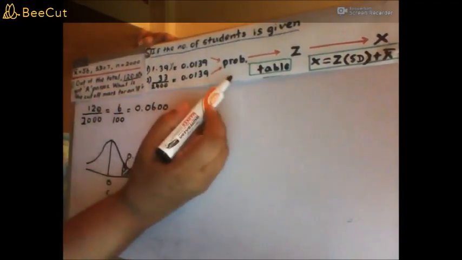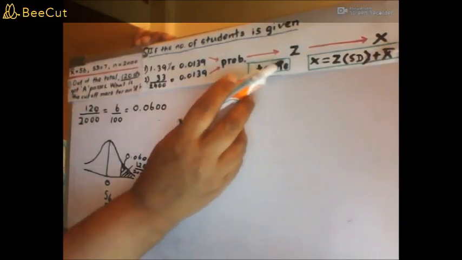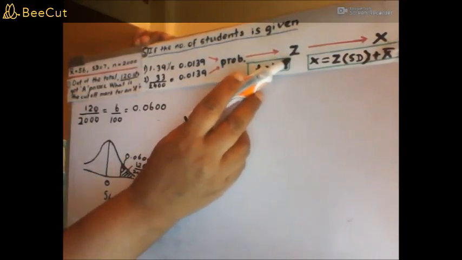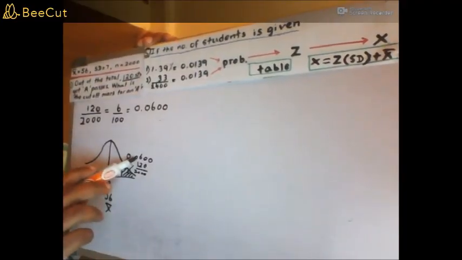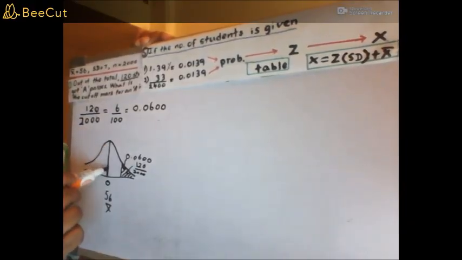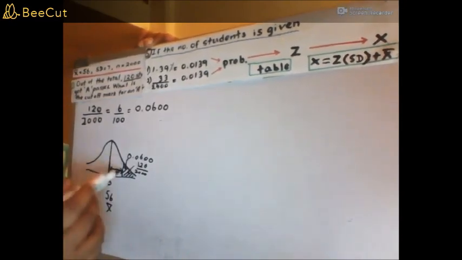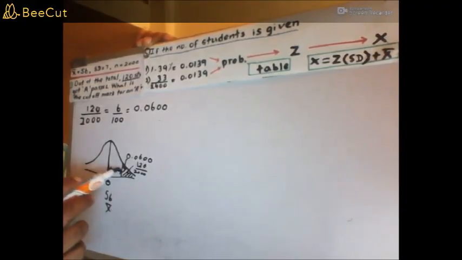Now we know the probability. Then we have to use the table and find the Z score for the relevant area. Now this whole side is 0.5. You know that Z is given from the middle line to a particular Z value, so we have to find the probability of this area.